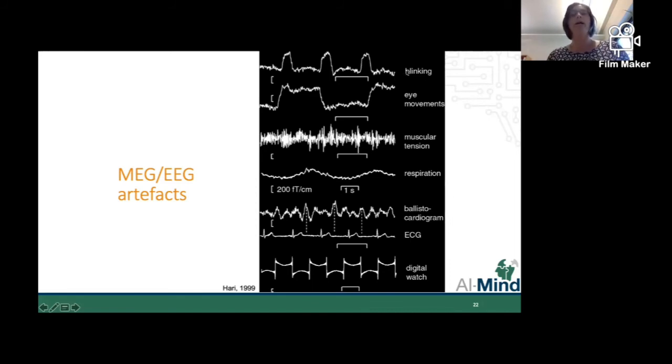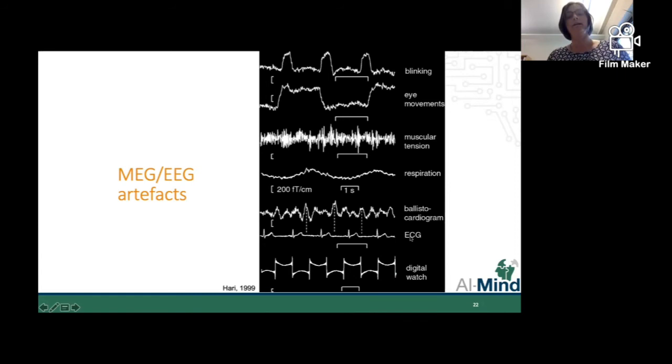We see a blink, and an eye movement, so that's a saccade. The subject is looking from the right to the left. We see muscular tension, so high frequency muscular artifacts, and respiration, so slow movements. If the participant is actually moving, then there will be even clearer drifts like this.